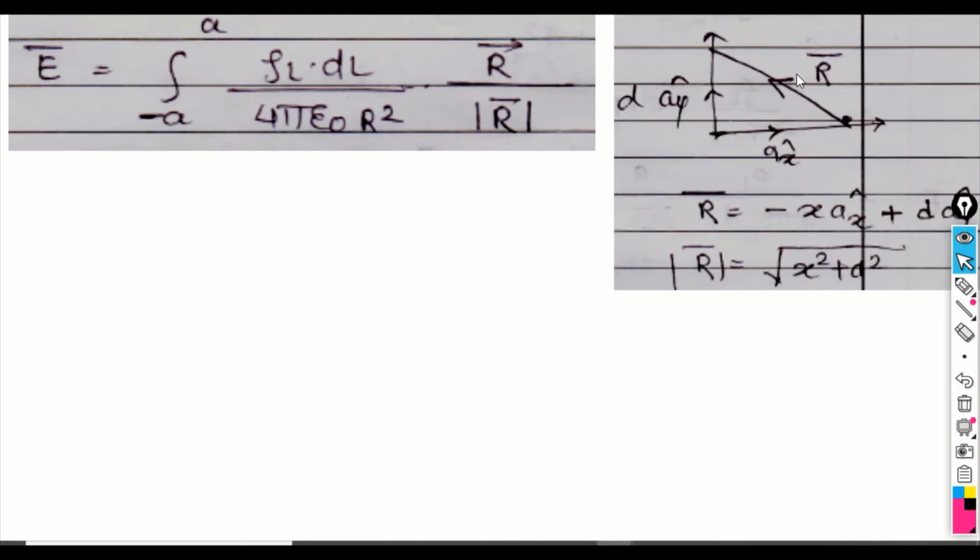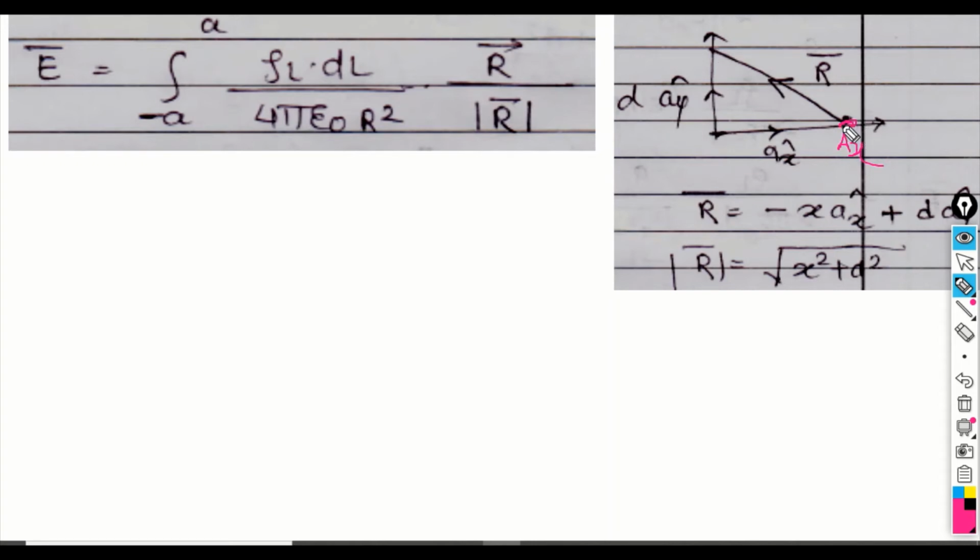So here vector r is a vector which is joining the small differential charge dx, which is located along x, to the point. If I observe this triangle, I want to calculate vector r.